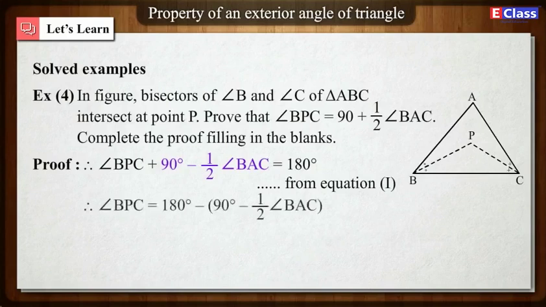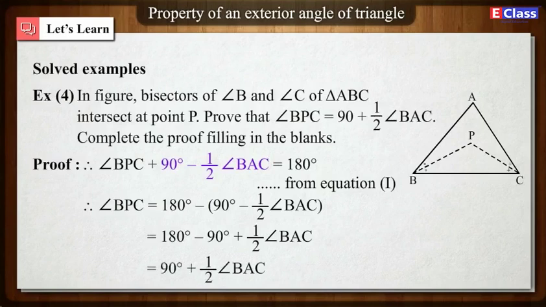Therefore, angle BPC is equal to 180 degrees minus (90 degrees minus half angle BAC), which is equal to 180 degrees minus 90 degrees plus 1/2 angle BAC. This is equal to 90 degrees plus half angle BAC.